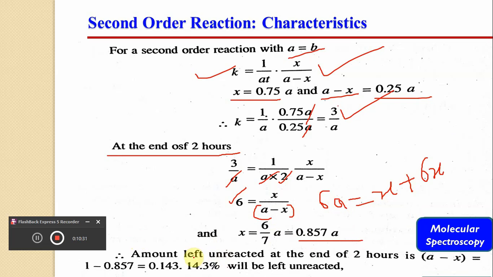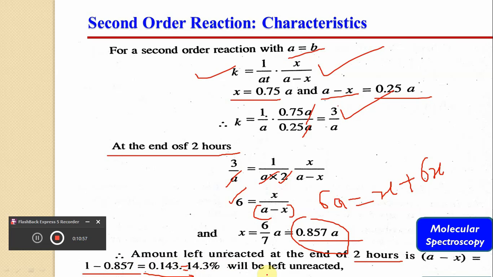So the amount left unreacted at the end of 2 hours will be a minus x, that is 1 minus 0.857. If a is equal to 1, then that will be equal to 0.143. In percentage, 14.3% will be left unreacted.